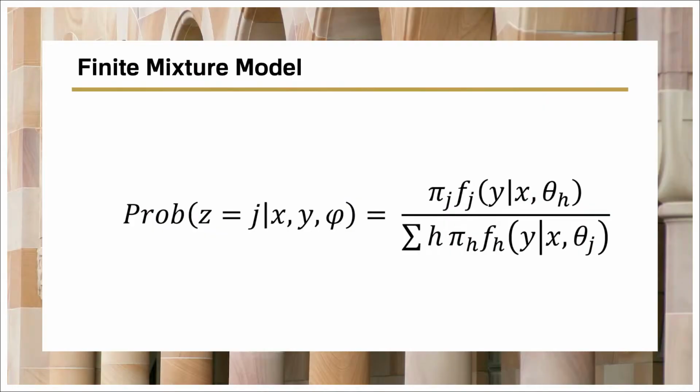We can assign each consumer in our empirical dataset to their market segment using the following approach. What happens here is that we calculate the probability of each consumer being a member of market segment h. We then use the probabilities for all market segments to assign each consumer to the segment with the highest probability.